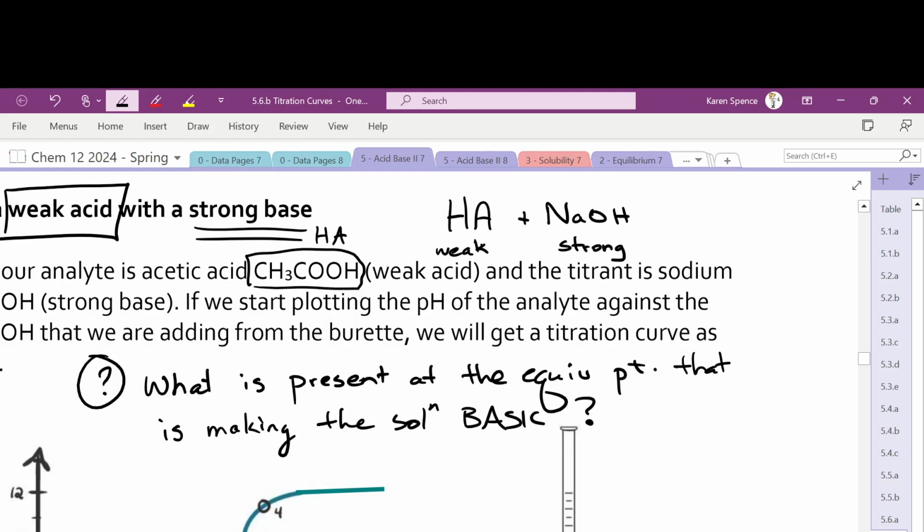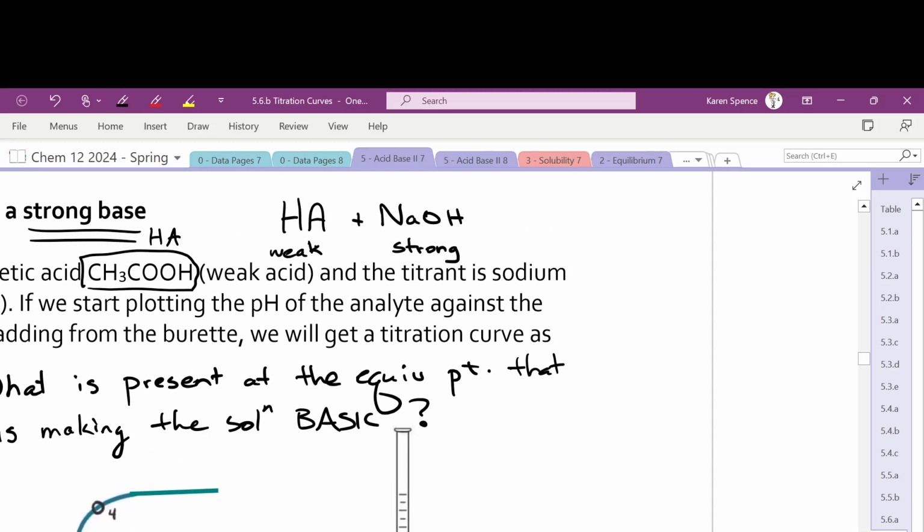I would like you to predict the products of that reaction and figure out whether that is a one-way arrow or a two-way arrow.